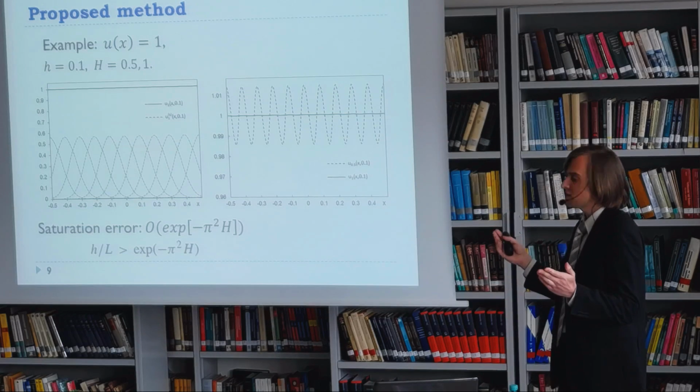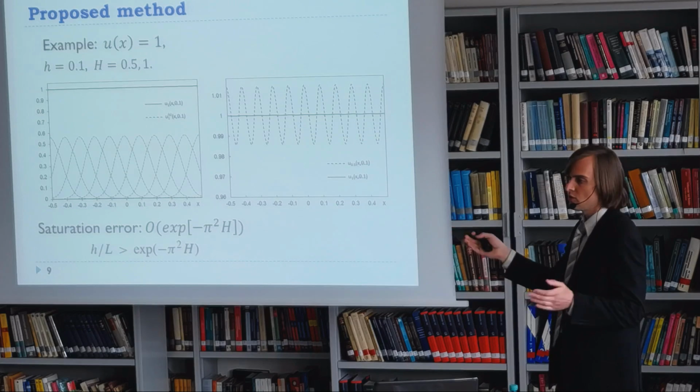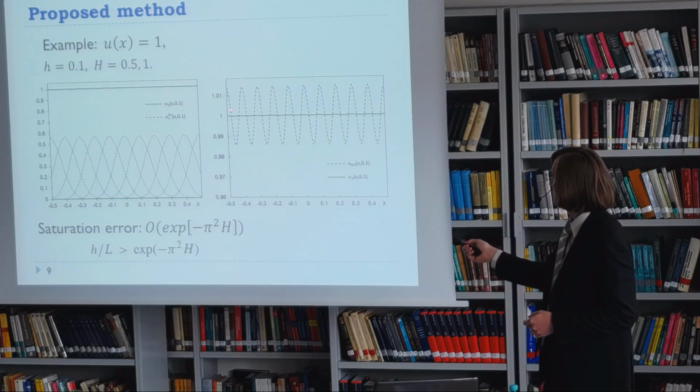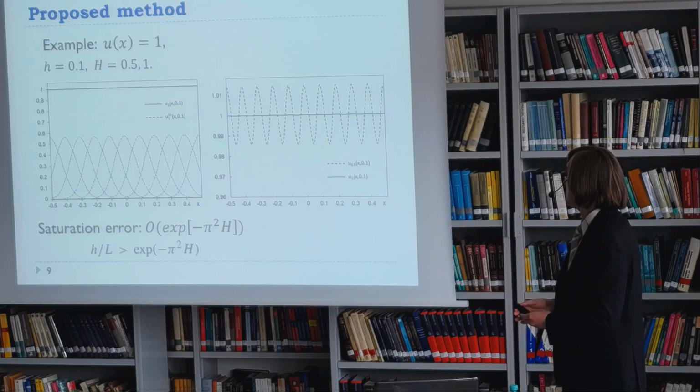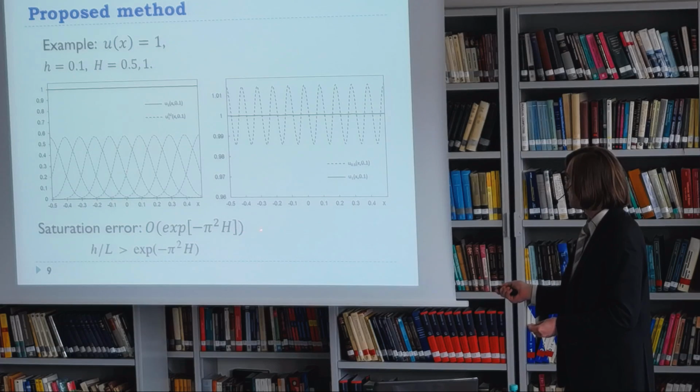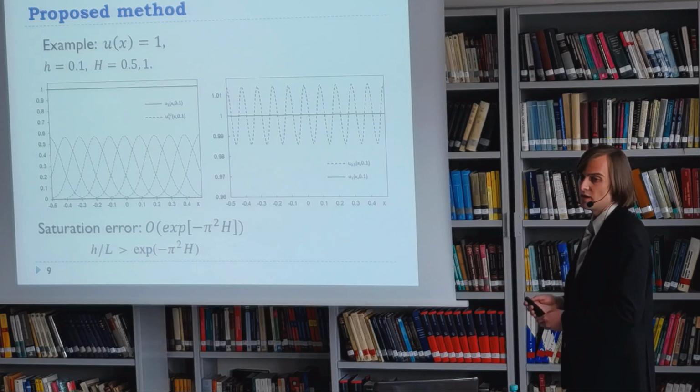We would expect that if we tend h to 0, the solution would give us the exact result. But despite that, the solution would still present some error called saturation error.